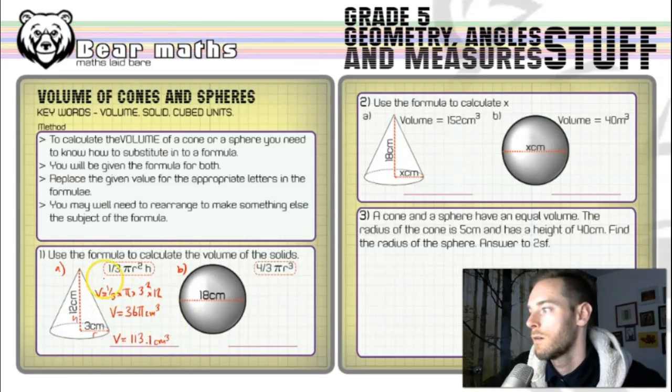Now this base is a circle, and the surrounding prism that you could draw around a cone would be a cylinder. If you had a triangle base, this would be a triangular based pyramid, and you could draw a prism around that, which would be a triangular prism.